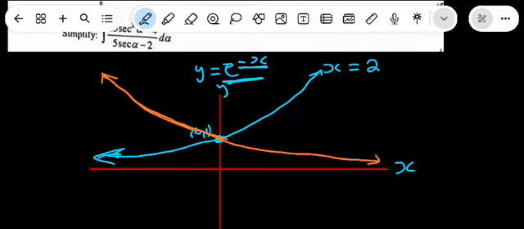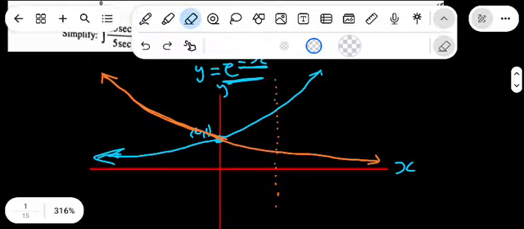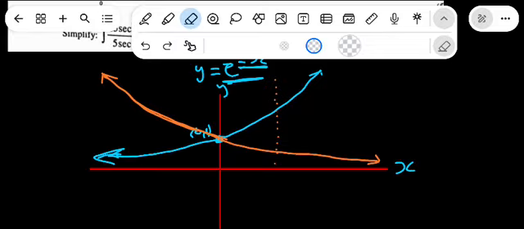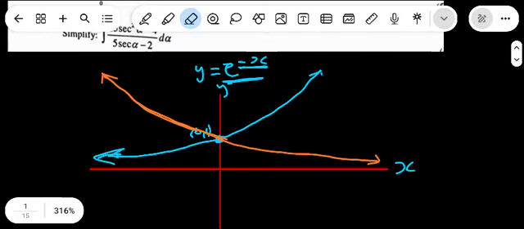So also we have to sketch y equals 0. You know the graph of y equals 0. Let me say -2 here.